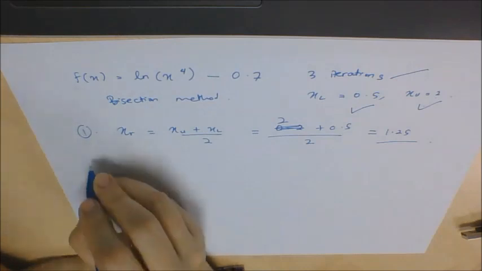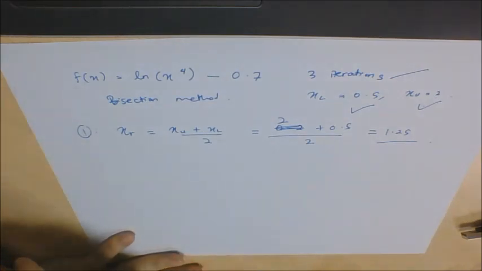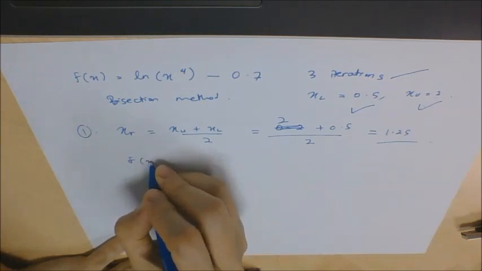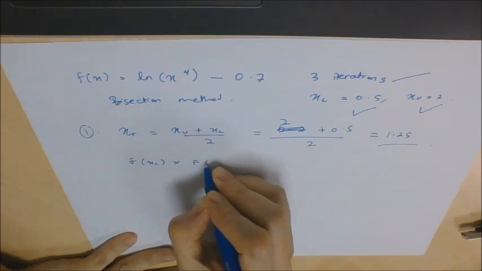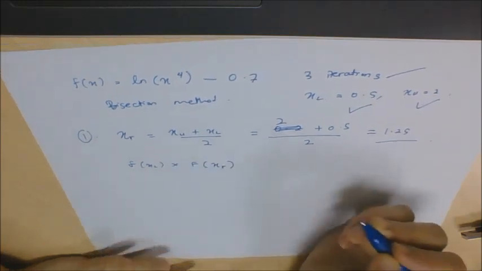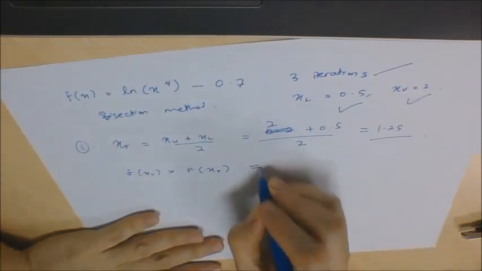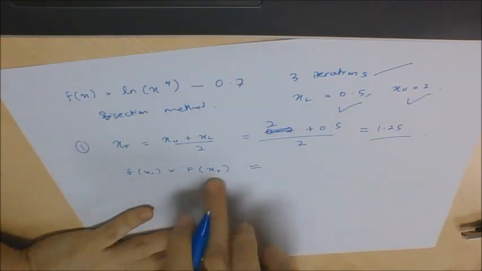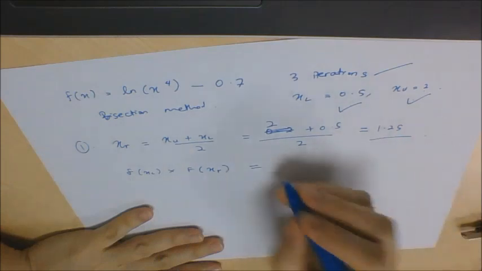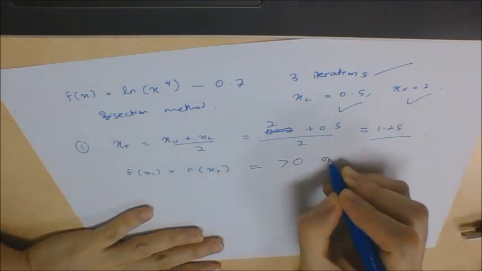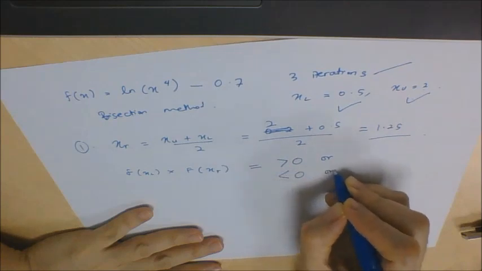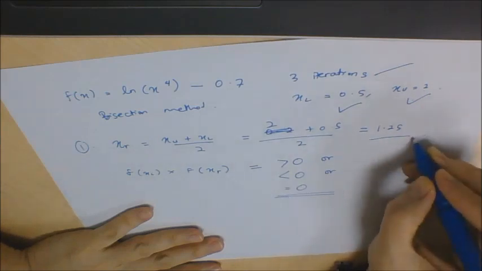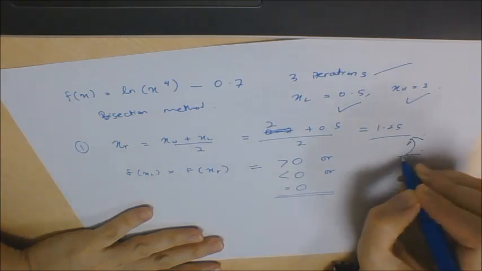Then, if you still remember the third step of the bisection method, you need to make some evaluation, which is you need to calculate your FXL times your FXR. Here you need to make a judgment on the result of these two values: whether it is more than 0, less than 0, or equal to 0. If it equals 0, then this is your final answer.